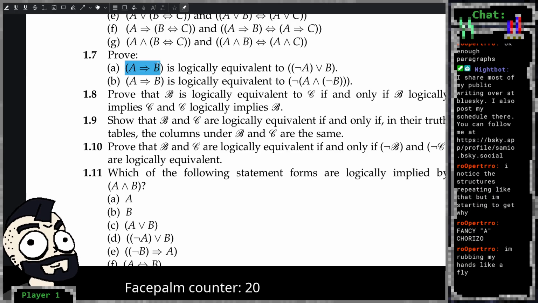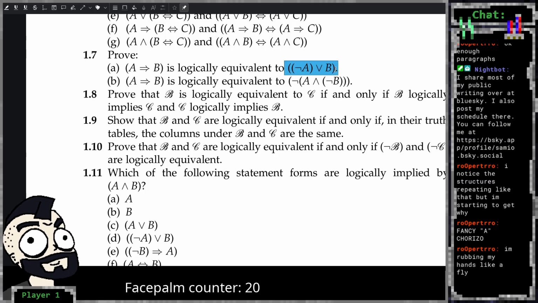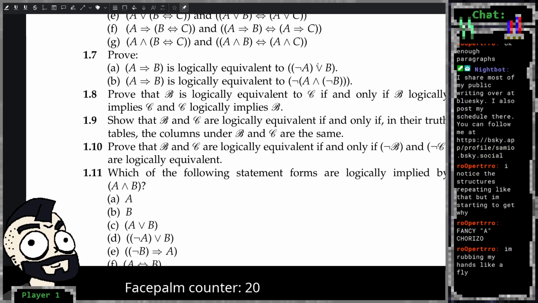Every case in which A implies B is false is also every case in which not A or B is false, because they always have the same values. Then they have to be logically equivalent.